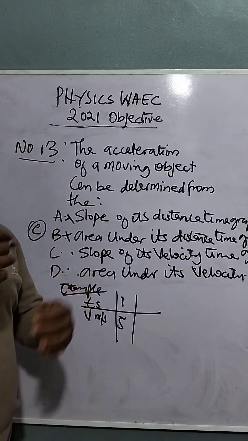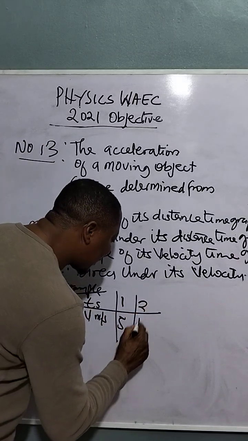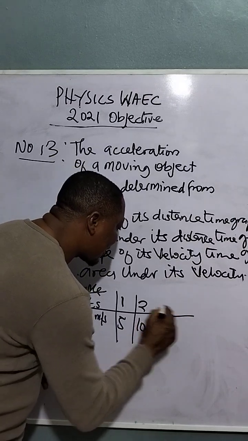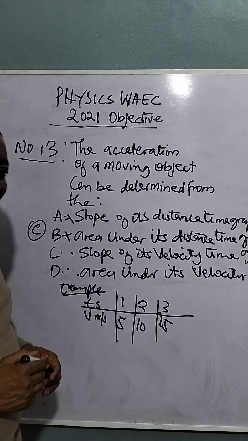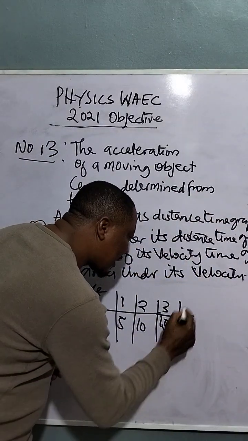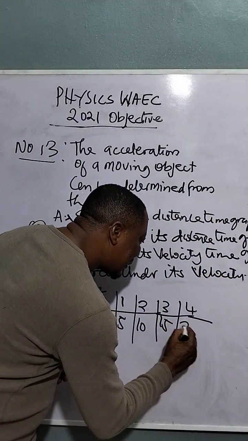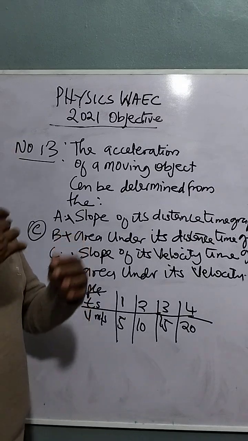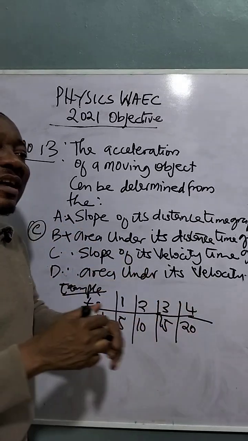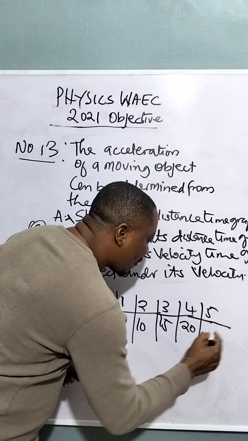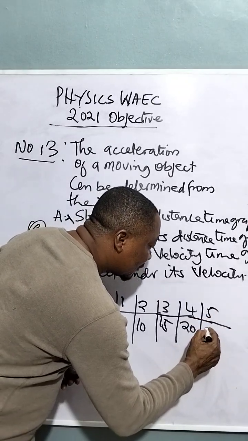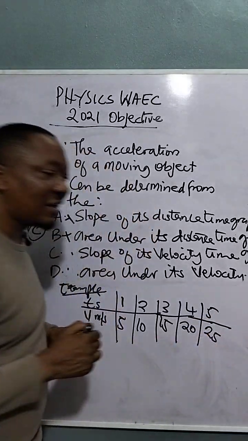At 3 seconds, 15 meters per second. At 4 seconds, what? 20 meters per second. The car finally arrives at 5 seconds with 25 meters per second.